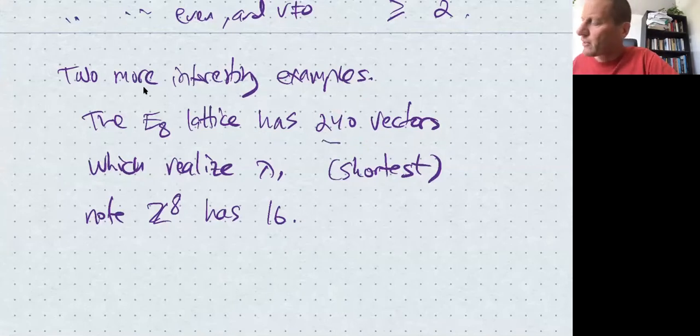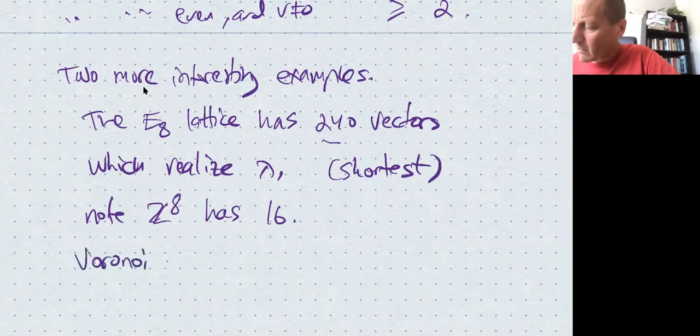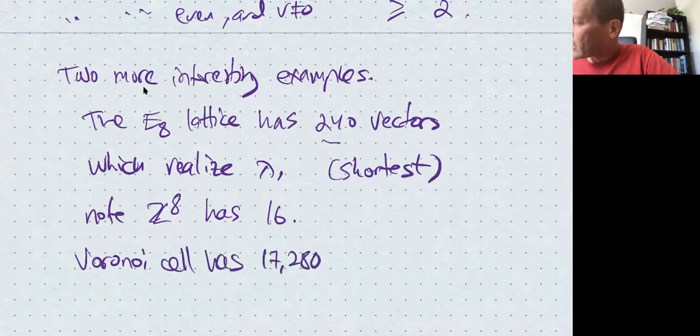Just to give you a stronger sense that this is an interesting lattice, let me just say that the Voronoi cell in this case has 17,280 seven-dimensional faces.